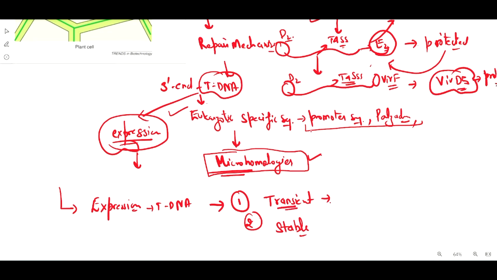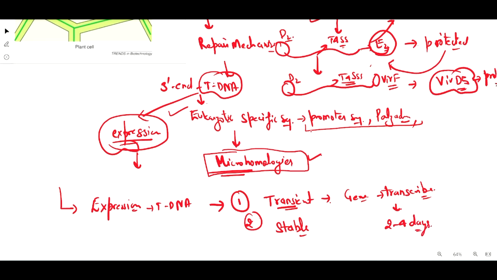In this case, the integration part will not happen, and the gene is transcribed independently, using the host machinery. This takes 2 to 4 days.